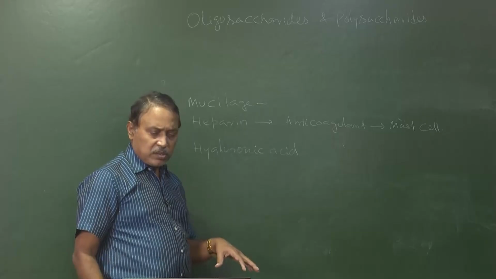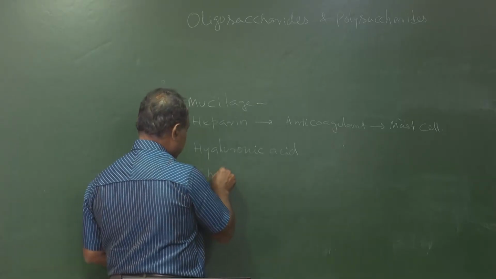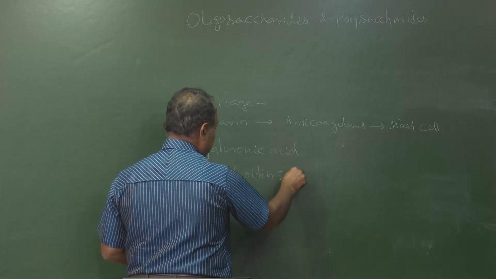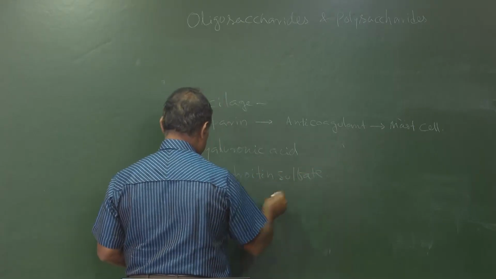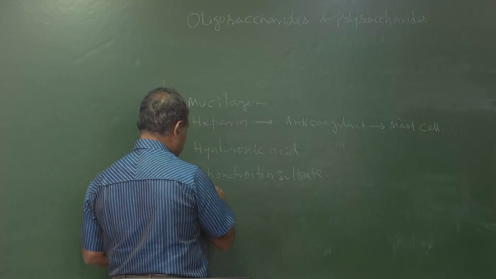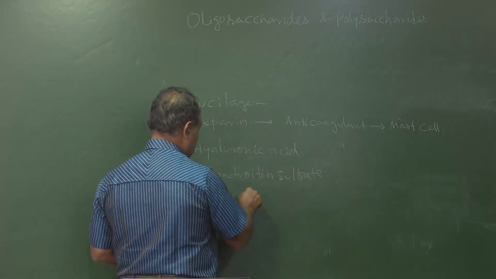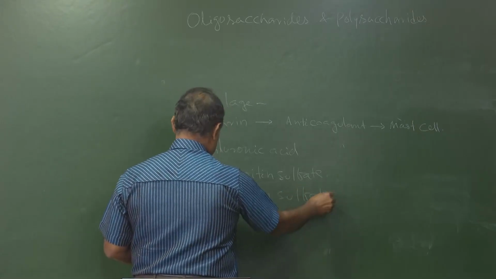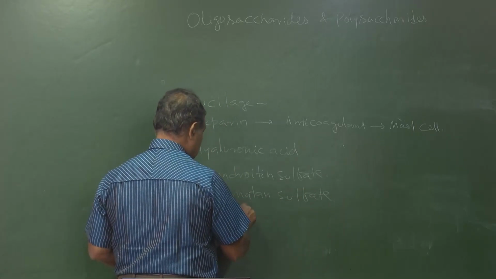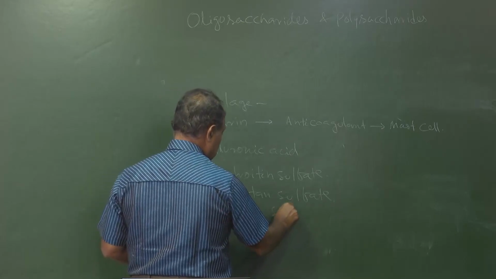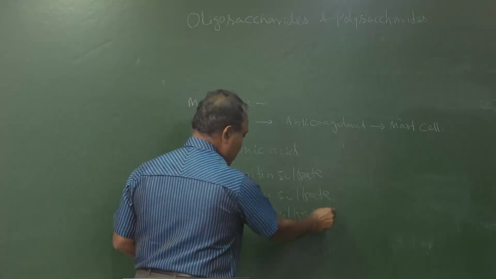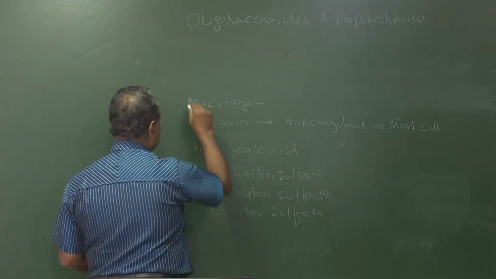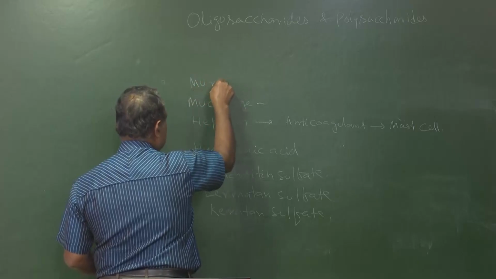Next is chondroitin sulfate, then dermatan sulfate, then keratan sulfate. So these are the things present, and finally we can have another one, that is murein.